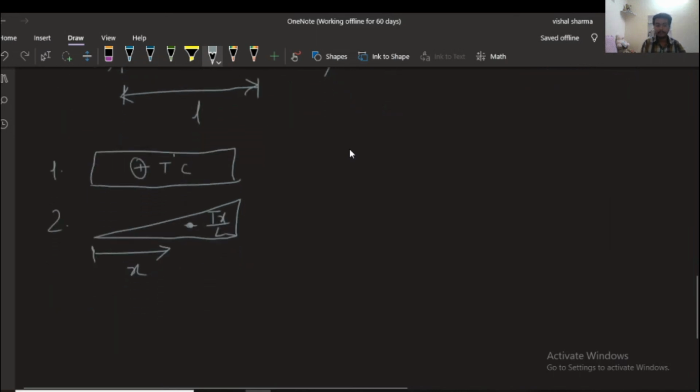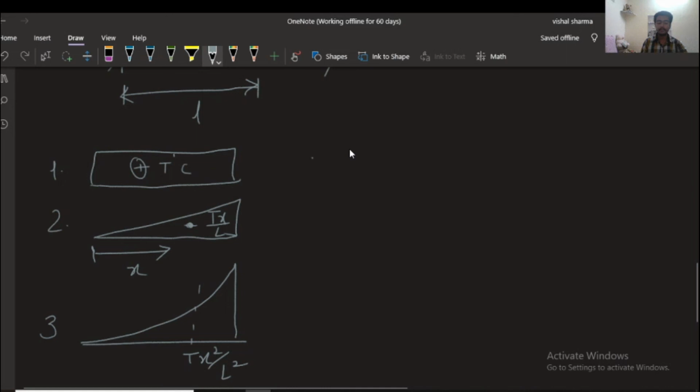The third case is when there is a temperature variation of the parabolic type, then the temperature at any section is given by Tx square upon L square, and due to this the change in length will be different for the different types of temperature phenomena.